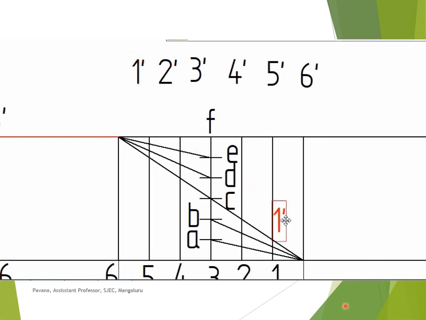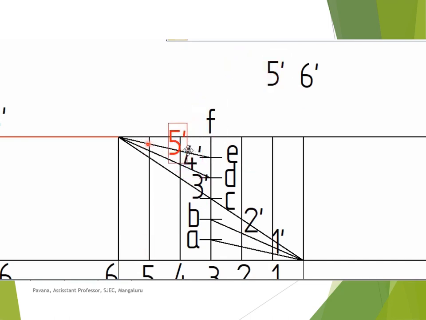This intersection point, line from A and 1, is 1 dash. Now line from B and the second line, this is the point, so that is 2 dash. Next 3 and C, this is the intersection point, 3 dash. 4 and D, this is the intersection point, 4 dash. 5 and E, this is the intersection point, 5 dash. And last 6 and F, this is the intersection point. So this way you have to name.